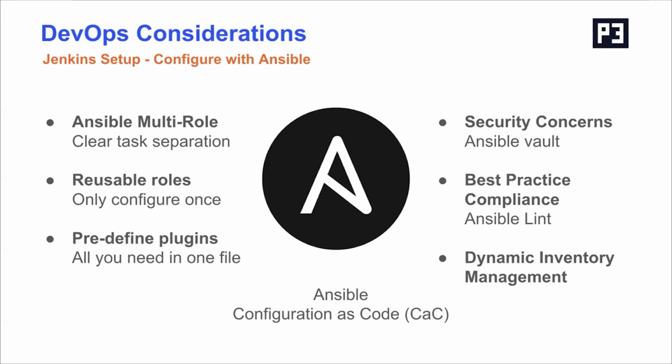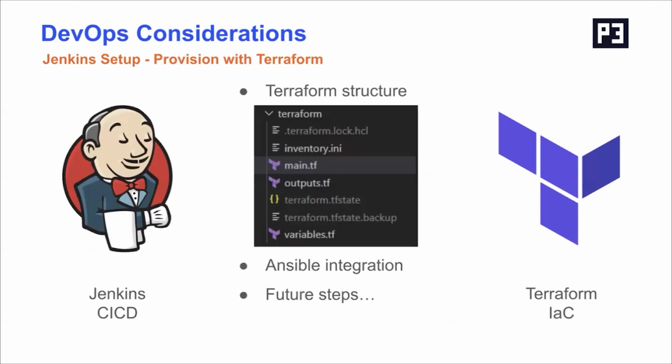If we have a cluster, we have also configured the master node's number of executors to 0, separating and running parallel job tasks on slave nodes. So next page, we will introduce Jenkins and Terraform.